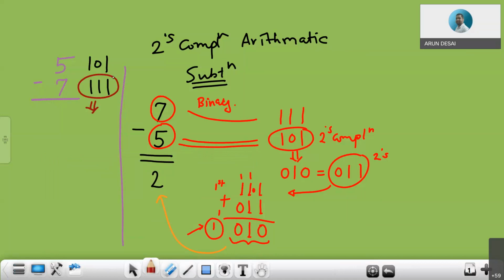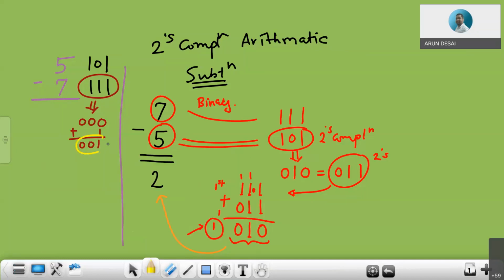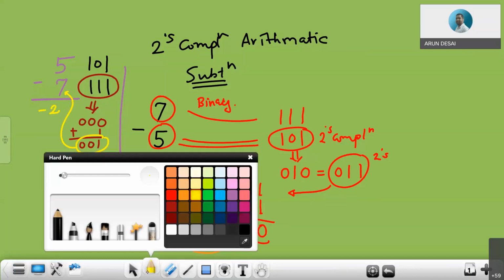Now, one's complement is 0, 0, 0. Two's complement is adding 1 to it. It is 0, 0, 1. Now, this 0, 0, 1 is in two's complement form and it is the two's complement of 7, right?